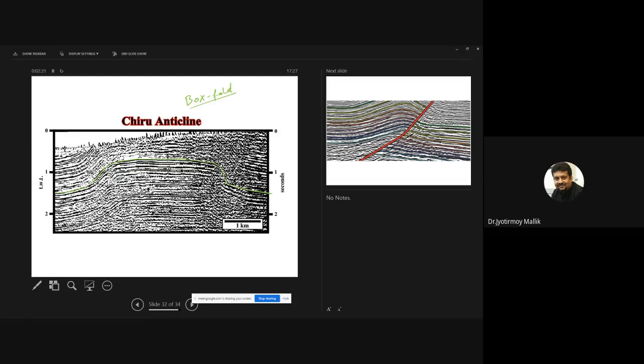You can see the anticline is not a typical anticline, but has a box-like shape. Those who have read structural geology, I explained why such structure actually develops, but those who have not, I will explain later. They actually develop by a mechanism called flexural slip.